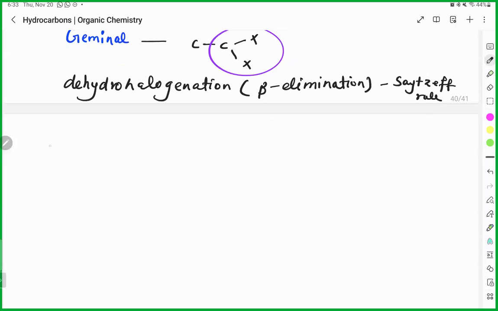So, Anvita, if we have this CH2, the X, then here you have hydrogen, X and another hydrogen. If it reacts with KOH, what kind of KOH should it be? Is it alcoholic or aqueous?